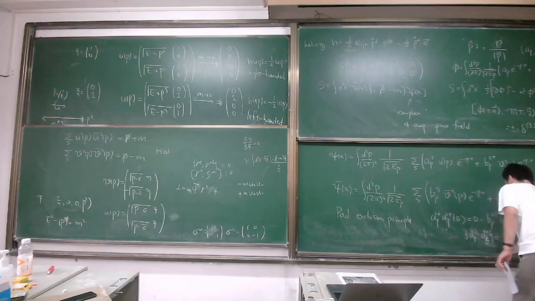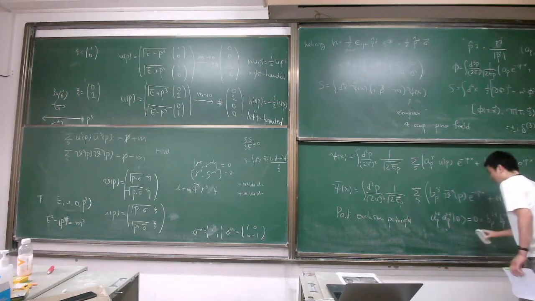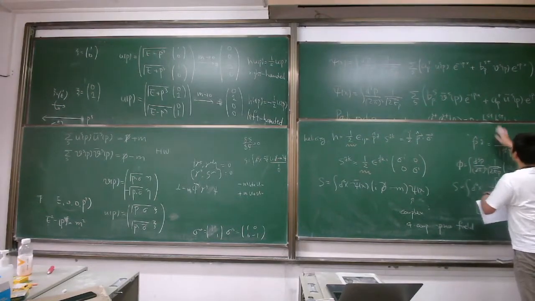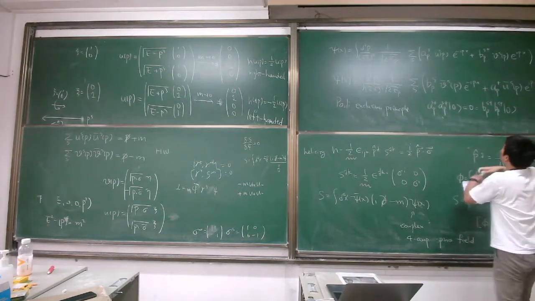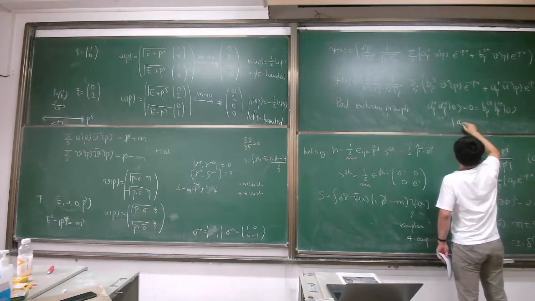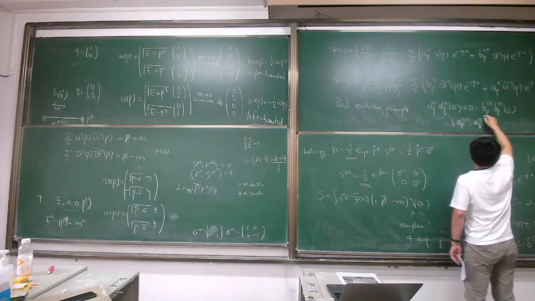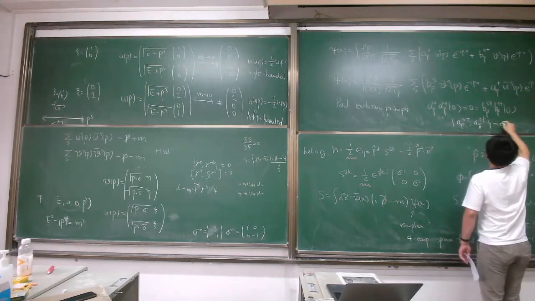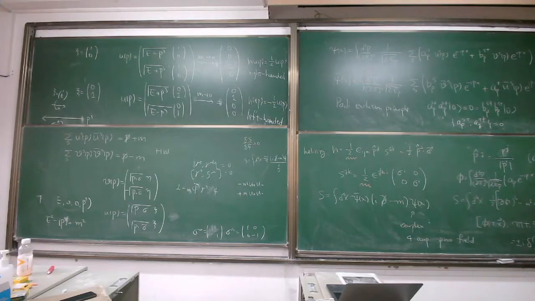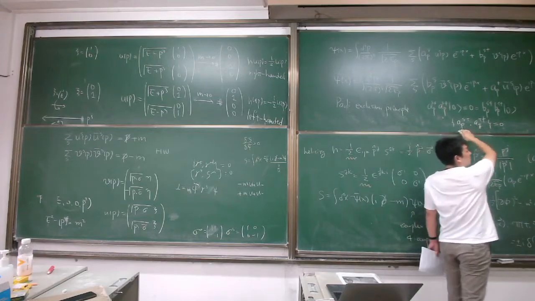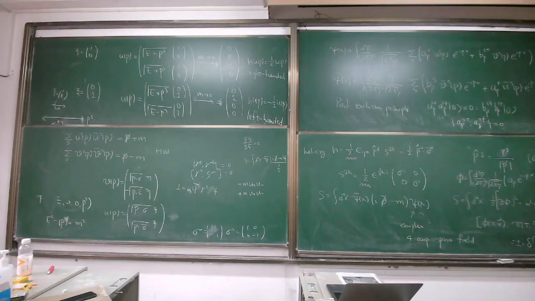I think this can only be achieved by something different. If you impose something like a_p^s dagger, a_q^t dagger anticommutator is equal to 0. Okay? So for any creation operator, this is achieved. Do you understand what I meant? So if you impose the anticommutation relation instead of the commutation relation, this is achieved.